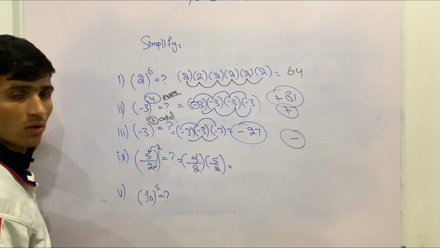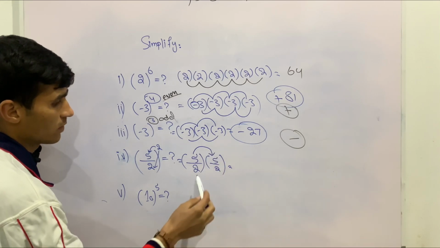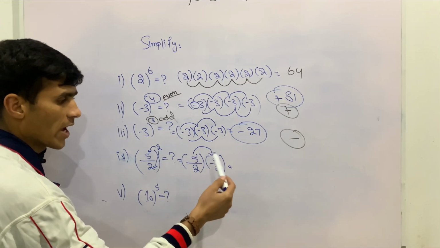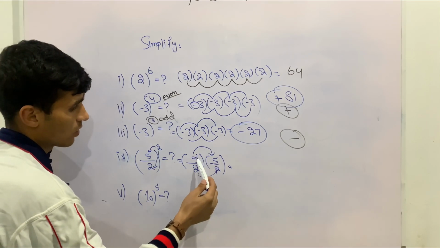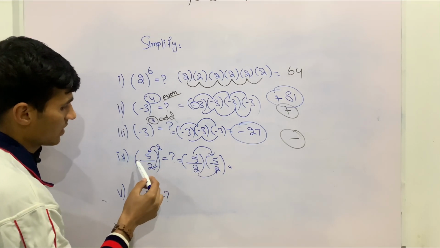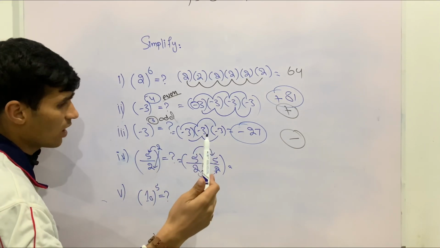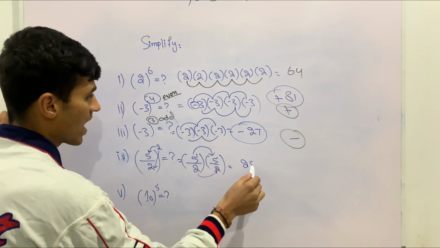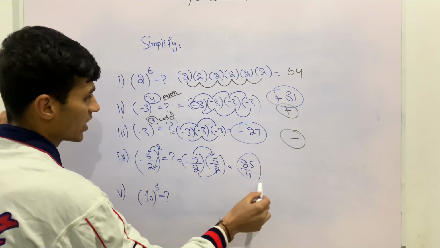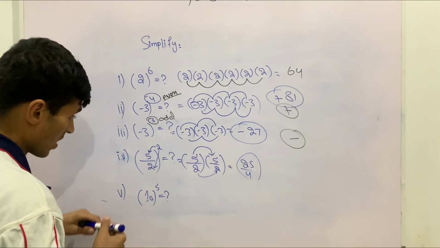And how do you solve it? Numerator into numerator and denominator into denominator. If the sign is positive, don't worry about it. The answer is always positive. So 5 into 5 becomes 25. 2 into 2 becomes 4. It can't be simplified anymore. If it could, you could.